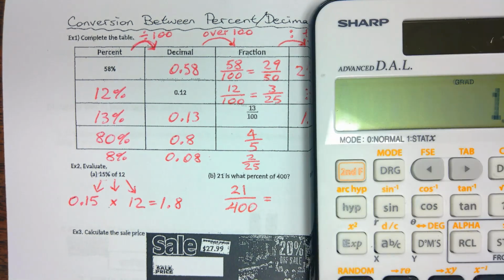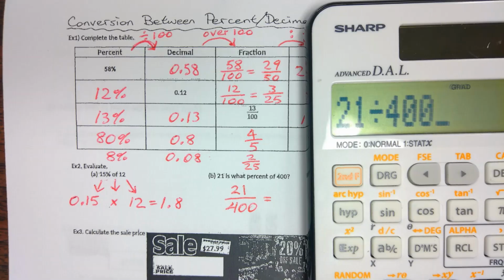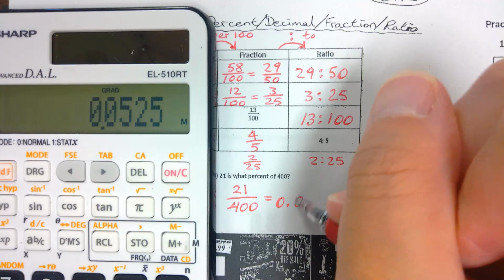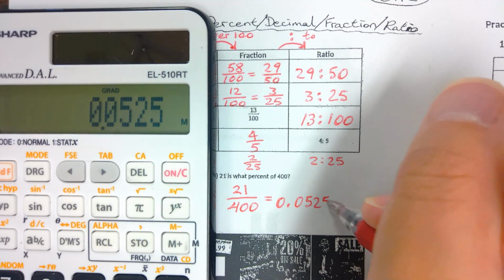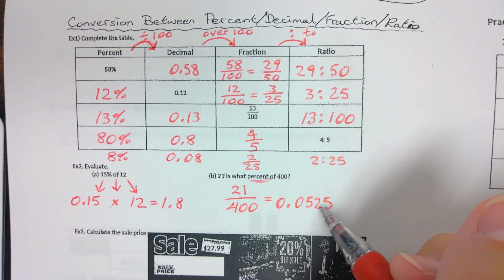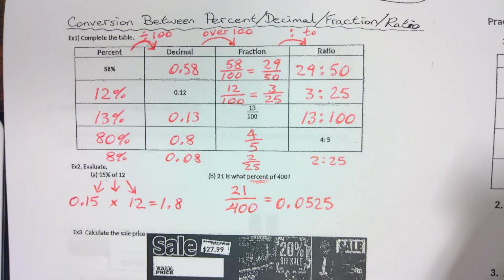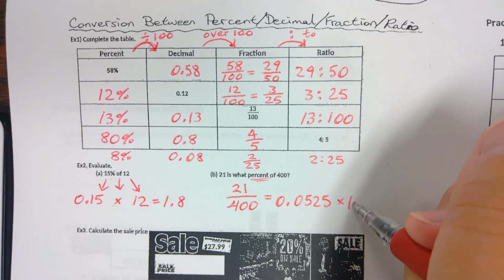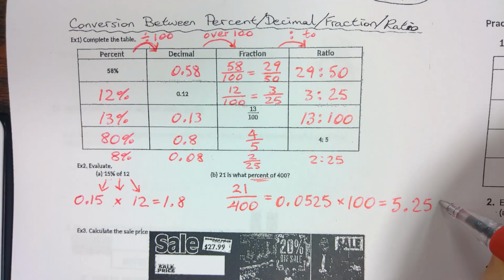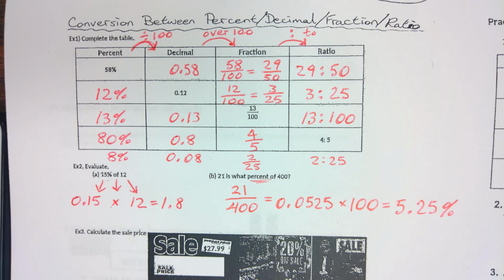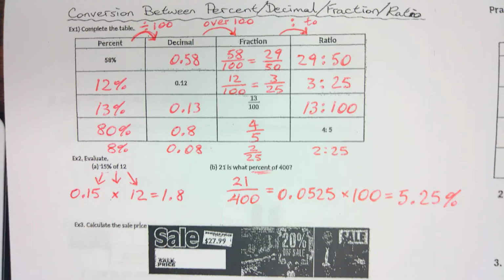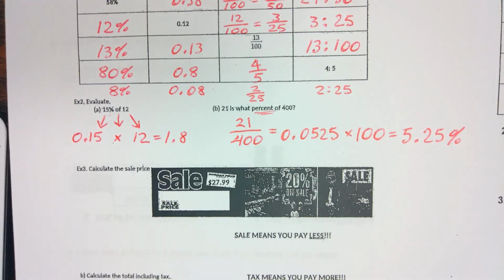You get 0.0525. But I don't want the decimal. What do I want? I want the percent. So again, how do we go from decimal to percent? Yeah, times it by 100. 5.25. What's my unit? Percent. Right. Can you have a decimal percent? Oh yeah. What? Okay.